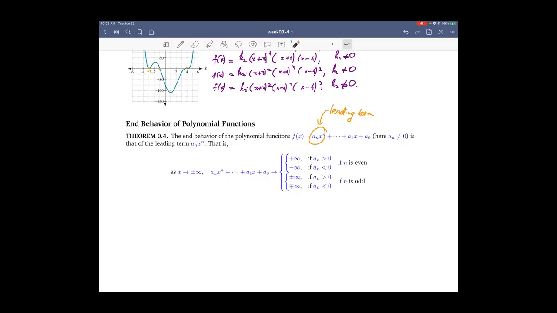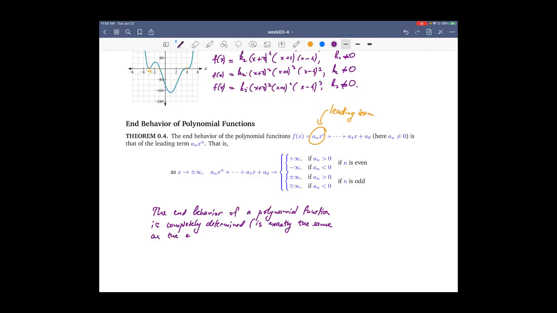In short, the end behavior of a polynomial function is completely determined, or actually is exactly the same, as the end behavior of its leading coefficient, of its leading term.